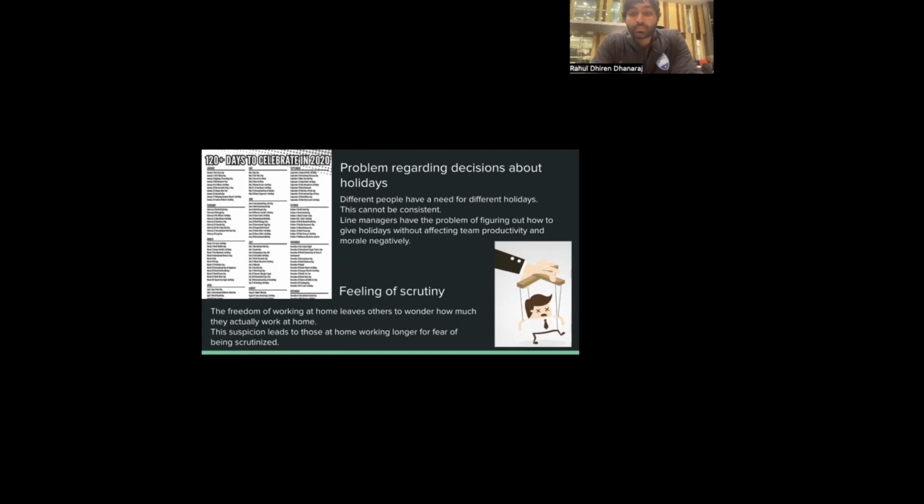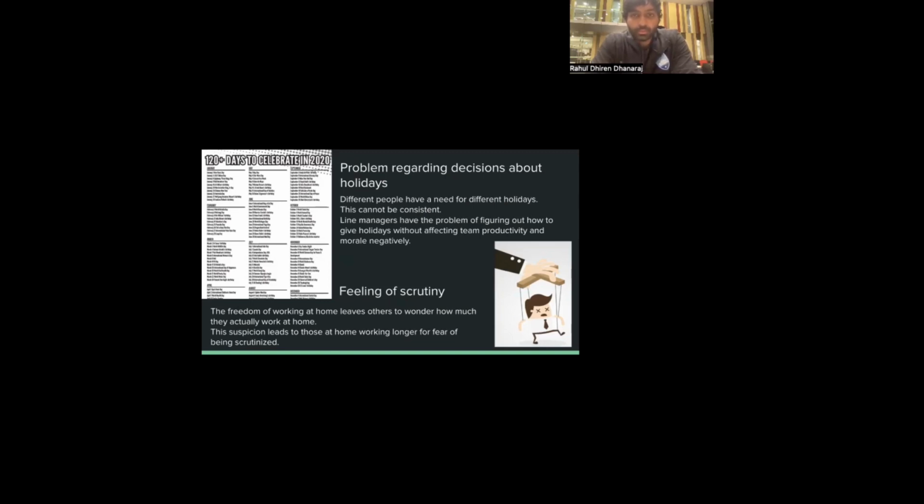The idea of enforcing one holiday scheme is not possible, and there's a feeling of scrutiny cast upon line managers regardless of whether they give a holiday or not. There must be a system to address these issues appropriately and with care. Giselle did a good job of explaining a proposed solution with Hofstede's cultural dimension and CIT.